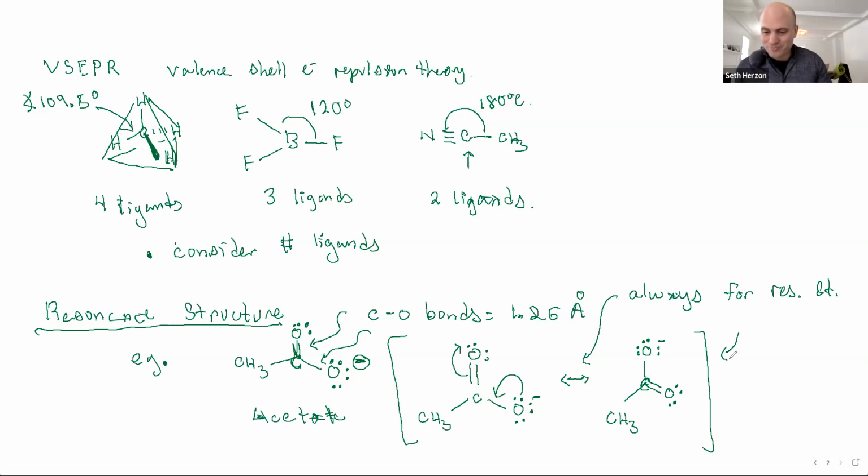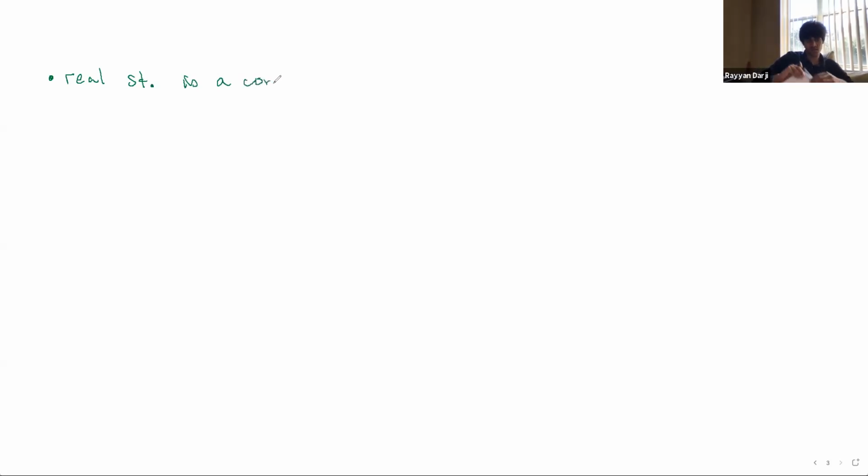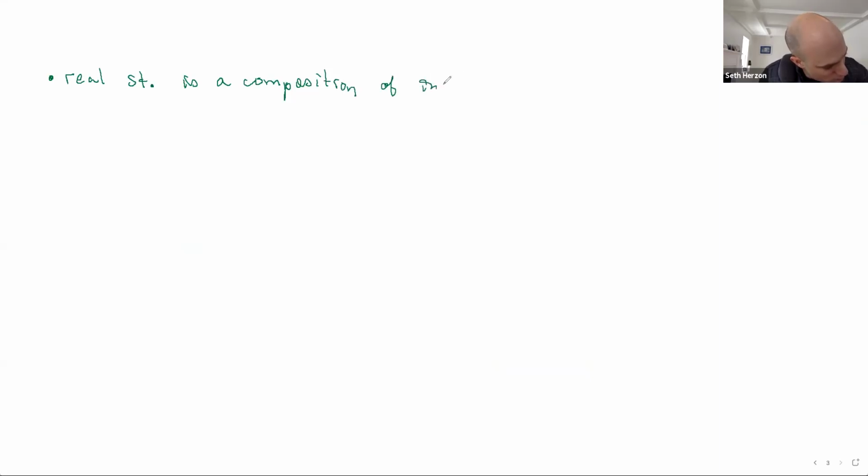And so based on that, we can nail down some specific comments about resonance structures. The single most important thing is that the real structure of the molecule is a composition of individual resonance structures.